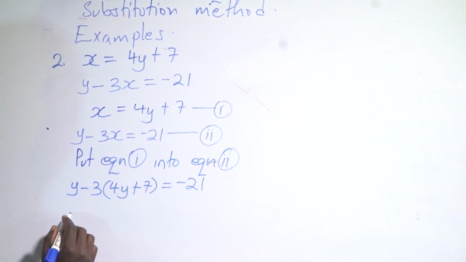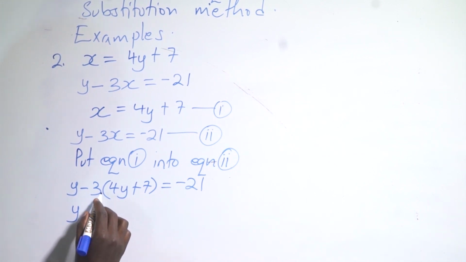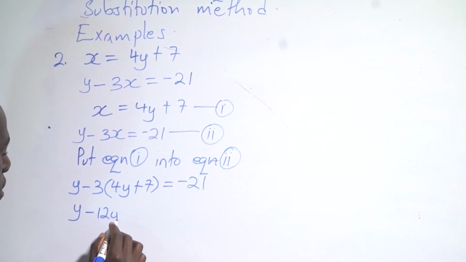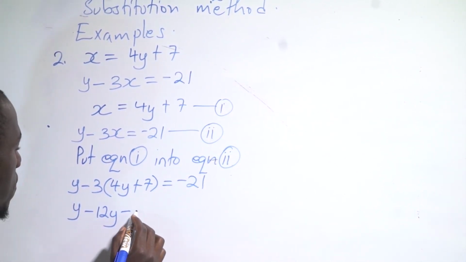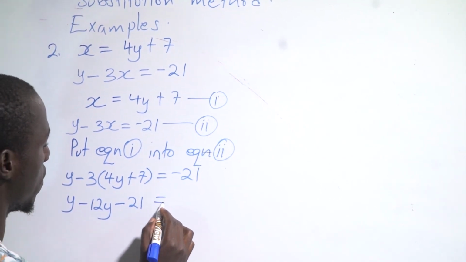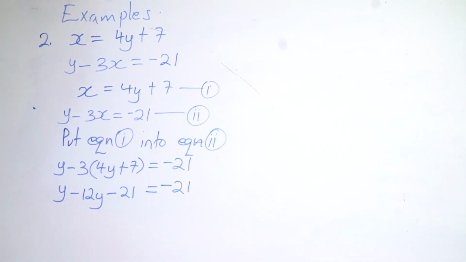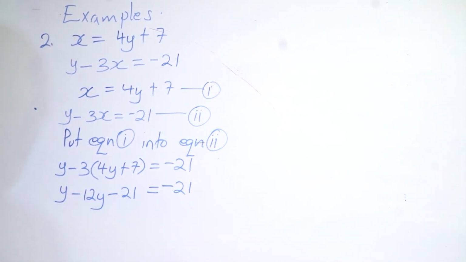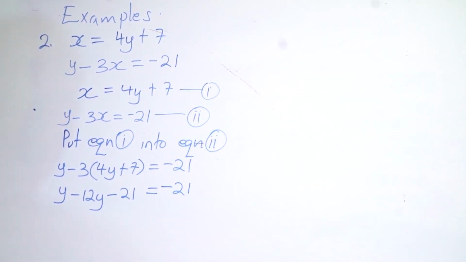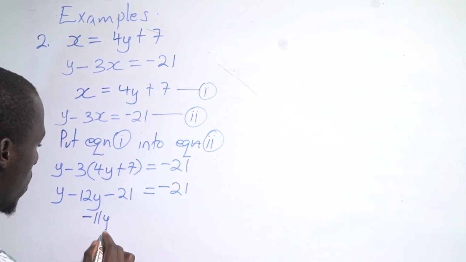Now I can simplify, opening the brackets, that is negative 12y, then negative 21 is equivalent to negative 21. Now here, simplifying, I get negative 11y.